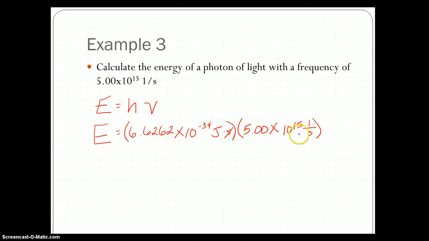This time our seconds are going to cancel, so you can see our units will be joules. So our energy equals 3.31 times 10 to the negative 18th joules. That's the energy associated with that particular photon that's traveling with that frequency.